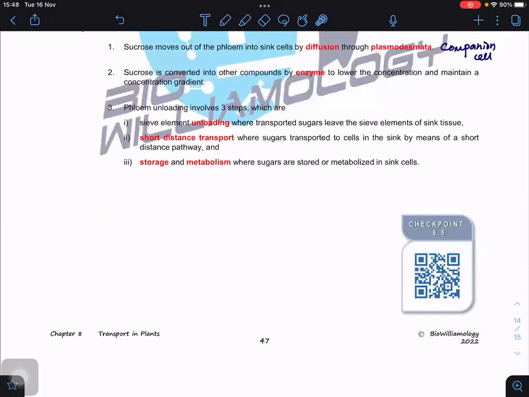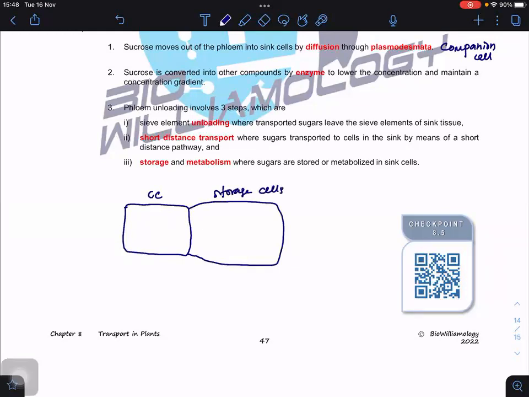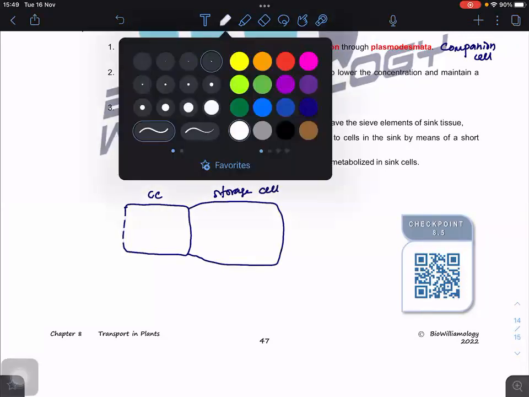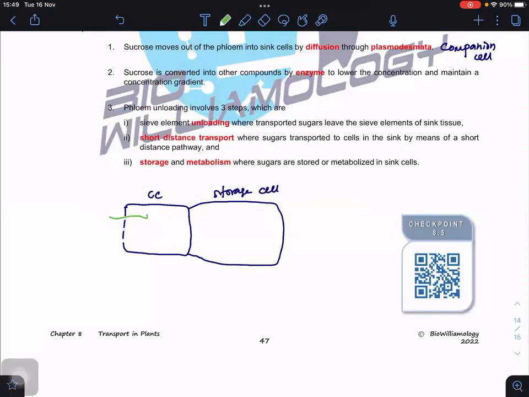So if you look at this, this is the companion cell. And this is, let's say, storage cells. Because of diffusion through the plasmodesmata, sucrose now enters at the sink.